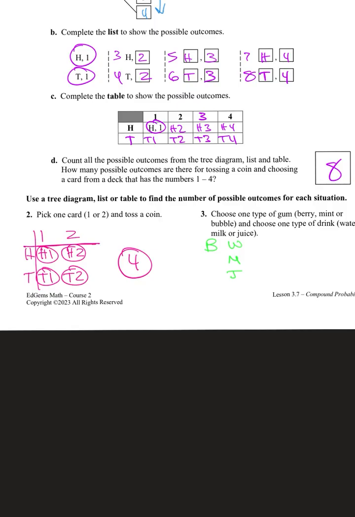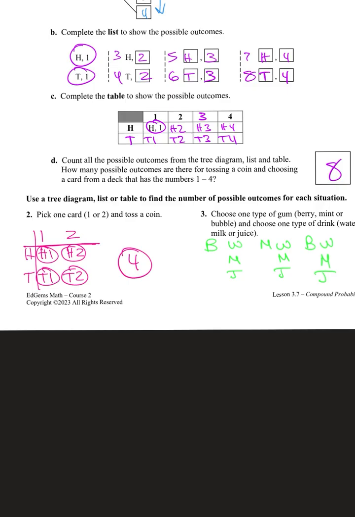If I choose mint, what are my possibilities there? There's water, milk, and juice. And when it comes to bubble gum, when it comes to the drinks, there's water, milk, or juice.